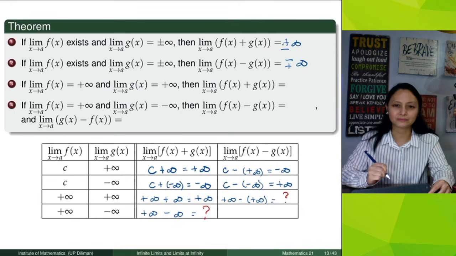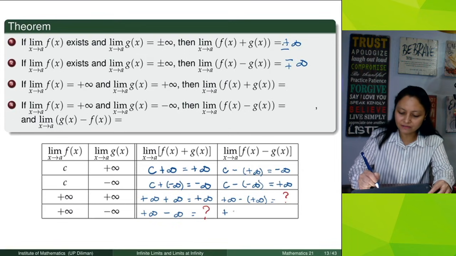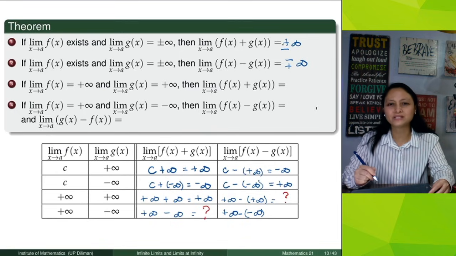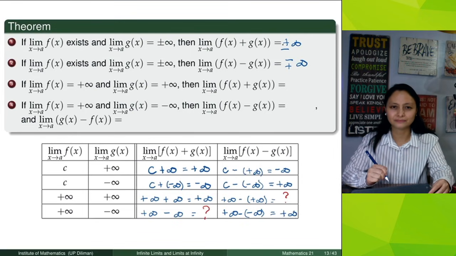Question mark muna. Okay? And then yung last case, you have positive infinity minus negative infinity. So that's positive infinity plus positive infinity. Therefore, ito sure tayo na equal yan sa positive infinity. Okay?